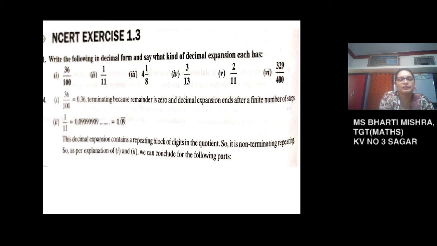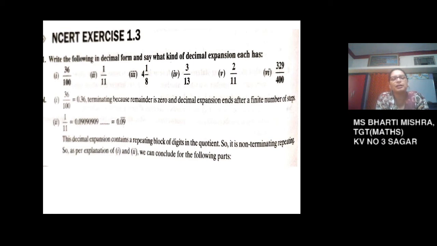We have the expansion as 0.090909 and so on. This 09 is repeated again and again. So we are using the symbol 0.09 bar. Now this decimal expansion contains a repeating block of digits in the quotient. So it is a non-terminating repeating decimal.